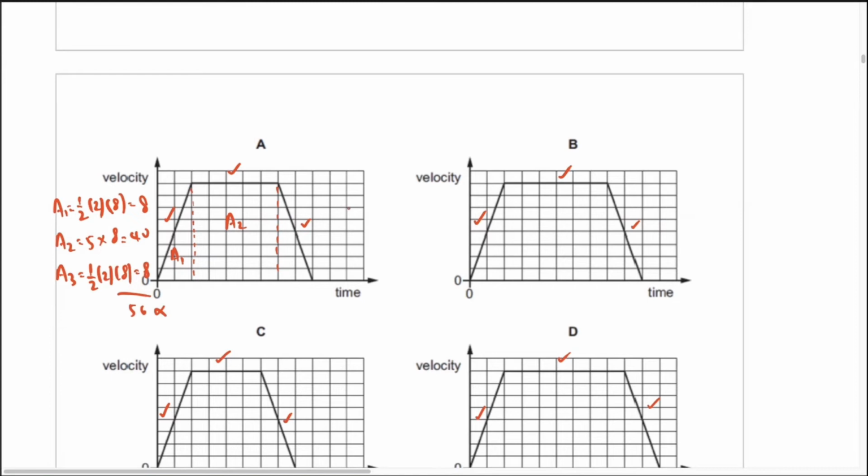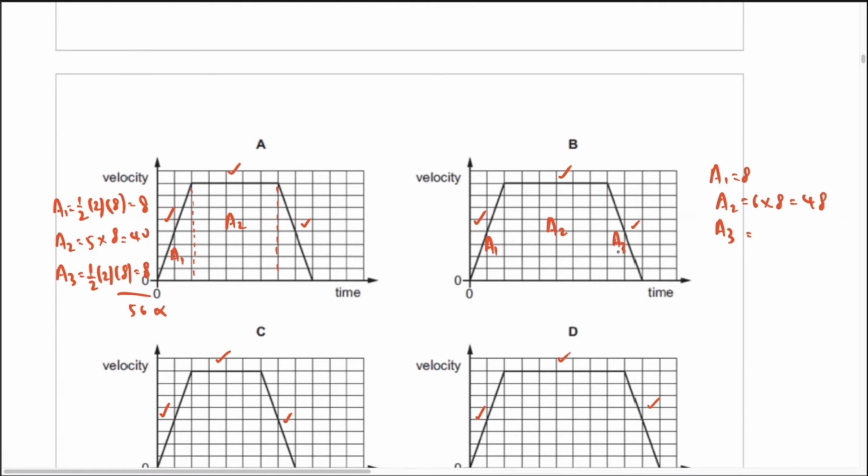So this is wrong. Okay, so area 1, same with the A, 40. Area 2, 1, 2, 3, 4, 5, 6. 6 times 8. Area 3, same also.